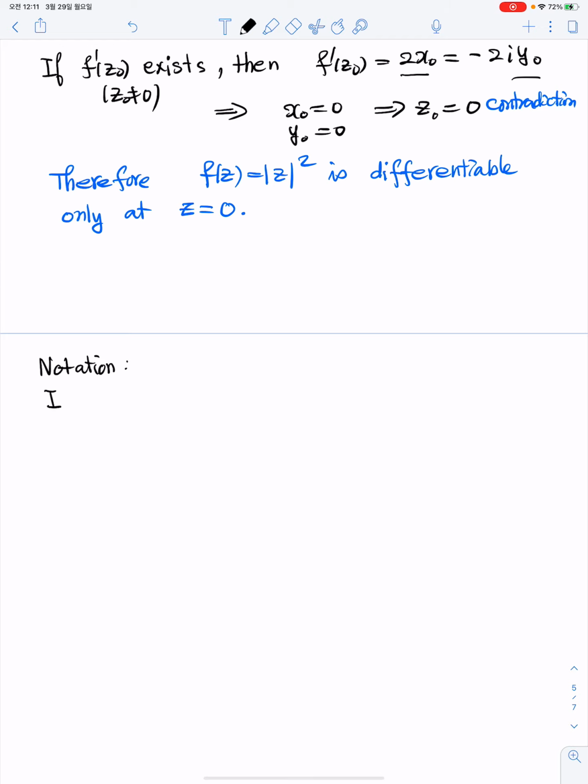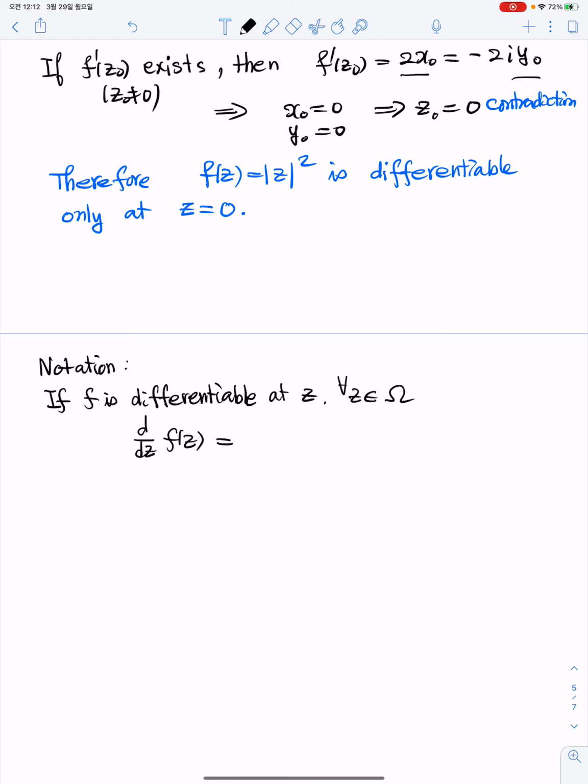If f is differentiable at z, for every z in some domain omega, then we denote the derivative of f of z by f prime z. So this is our notation.